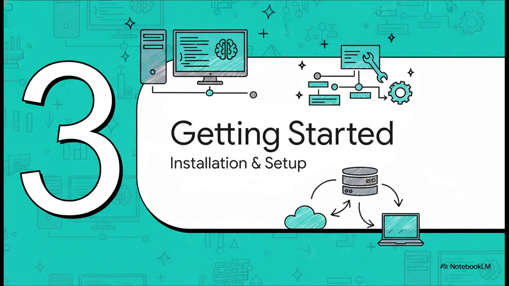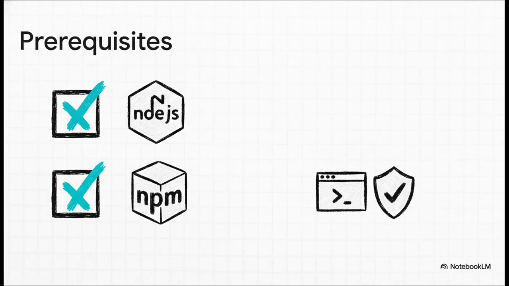Okay, so you've seen what it is, you've seen how it's built. Now for the fun part. How do you get this thing running on your own machine? Well, the good news is it's actually pretty darn straightforward. First up, you'll need the basics, a recent version of Node.js and NPM. But the most important piece of the puzzle is making sure you have the Claude Code CLI installed and that you've already logged in.